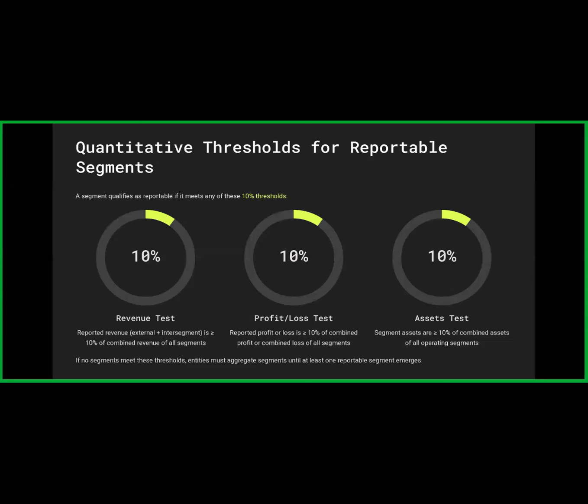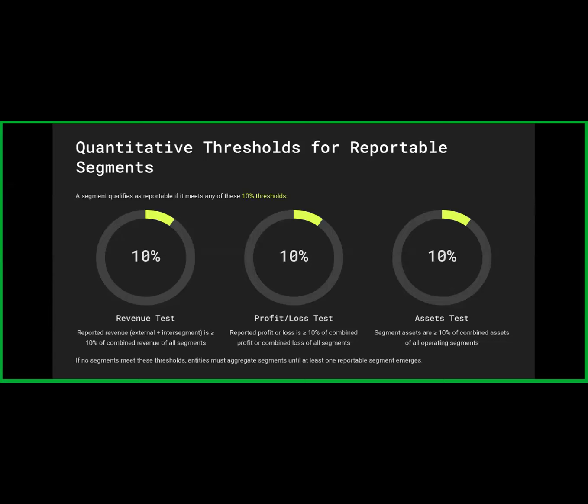The segment qualifies as reportable if it meets any of these 10% thresholds. Any segment that meets the following criteria qualifies as reportable in the financial statements. The first one is the revenue test.